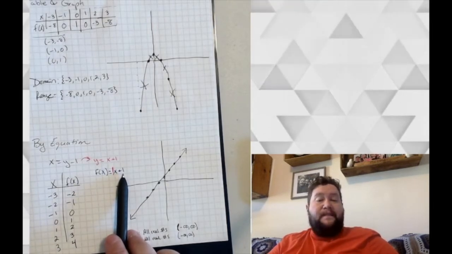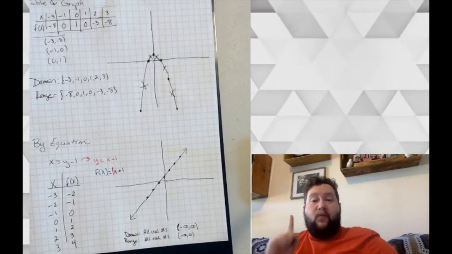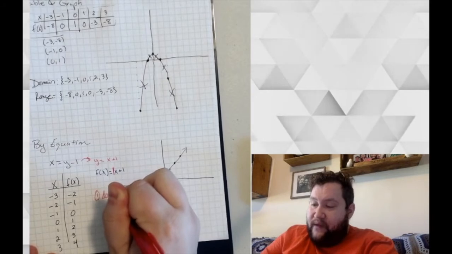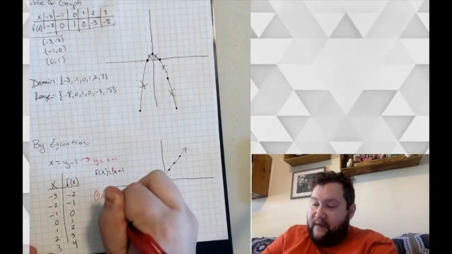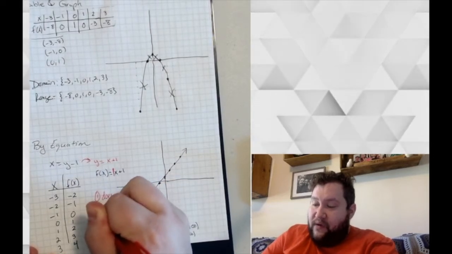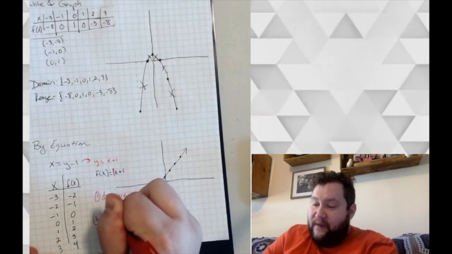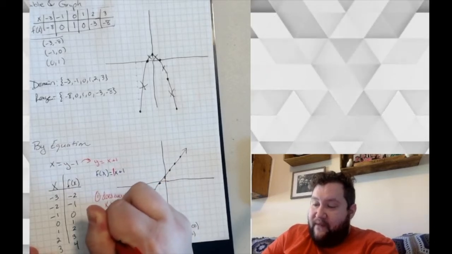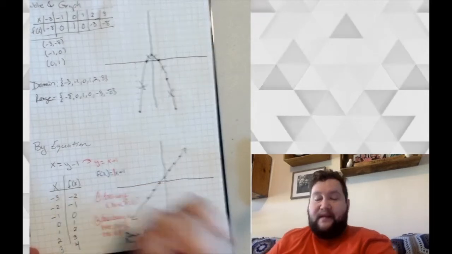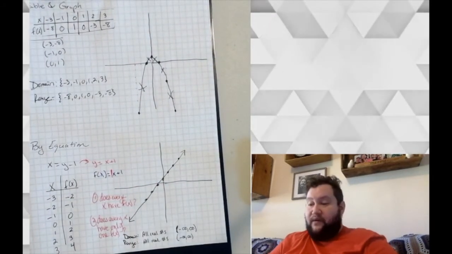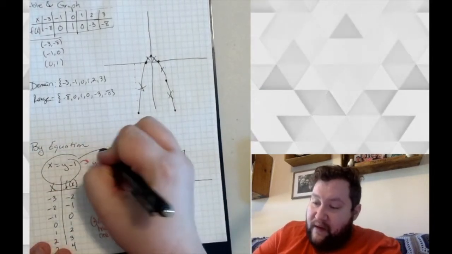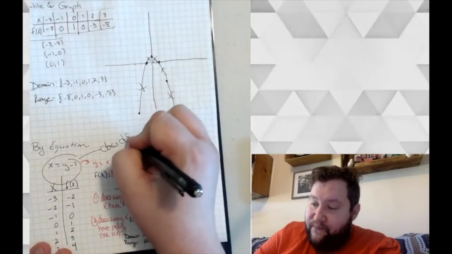And then, does every element map onto only one element? So, does every x have f of x? And 2, does every x have only one f of x? And in this case, the answer is yes to both. So this does define a function.